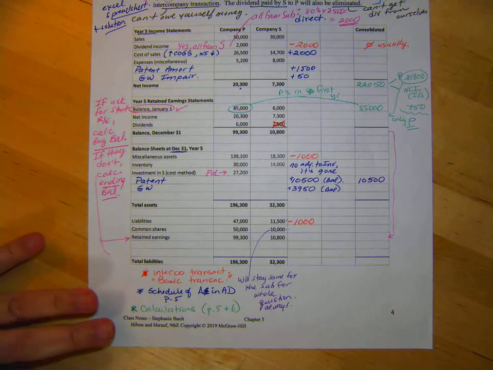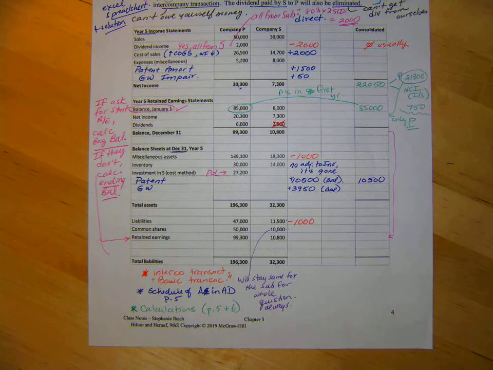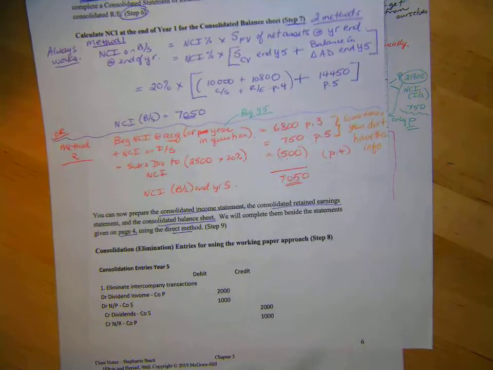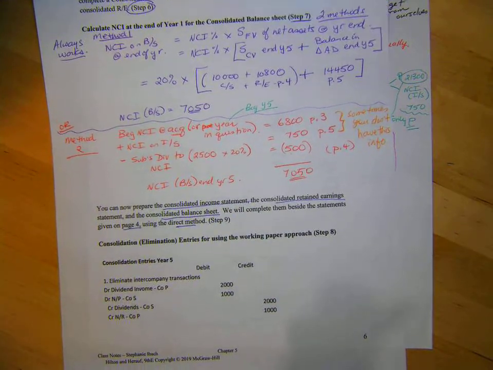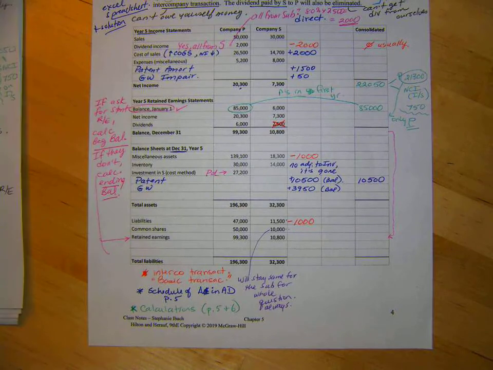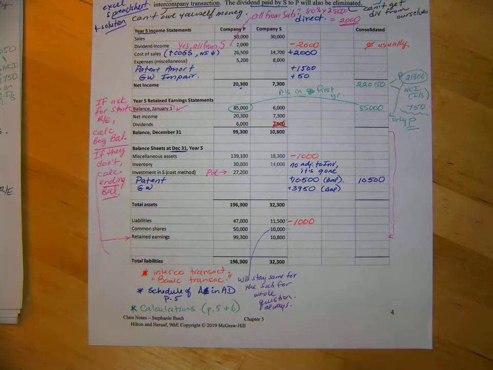Okay, and the last calculation was NCI on the balance sheet. So NCI on the balance sheet we calculate different ways, and it's 7,050. And where did we say NCI goes? It's with equity.